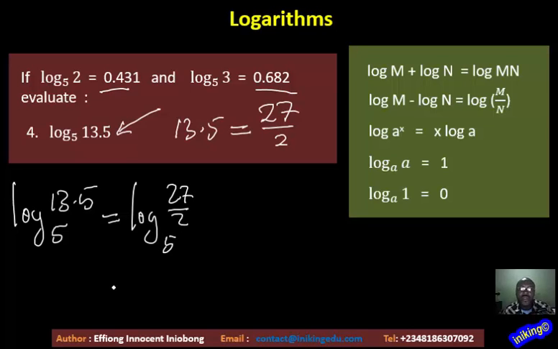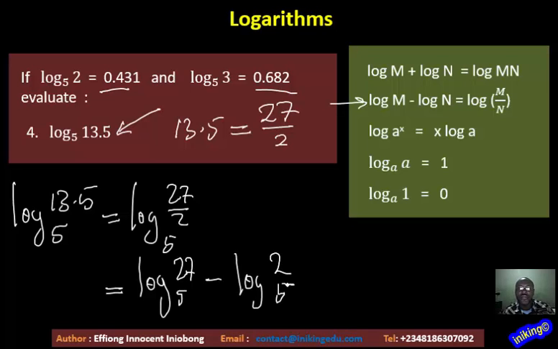I can see 2 is beginning to come out, and I can also see 3 coming out gradually from the 27. But first and foremost, I look at 27 over 2. I can move from right to left, looking at this second law here, and write this as the logarithm of 27 base 5 minus the logarithm of 2 to base 5.